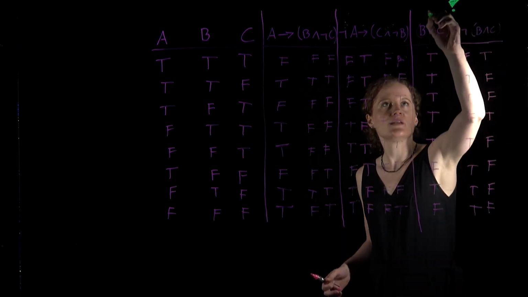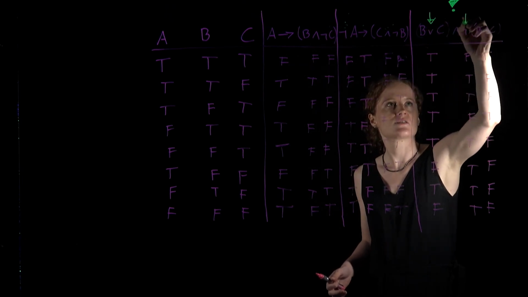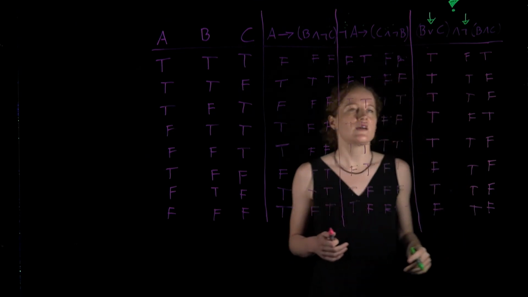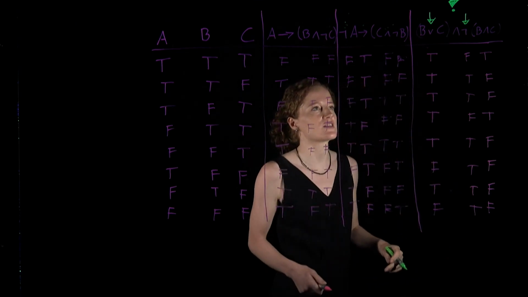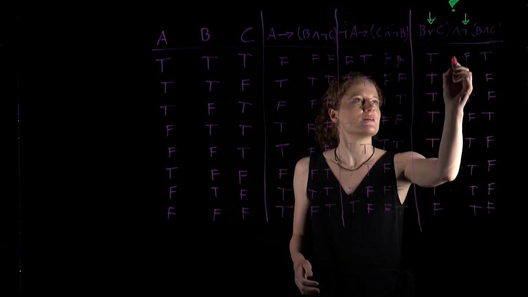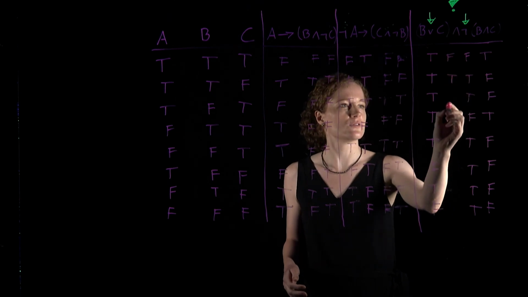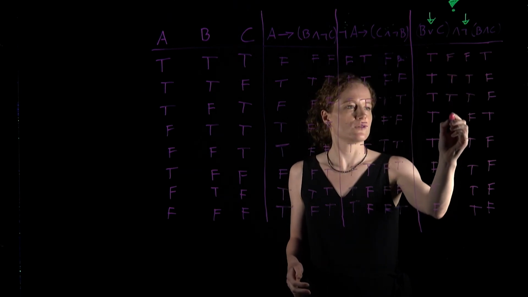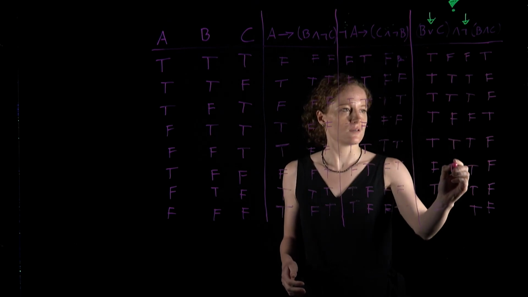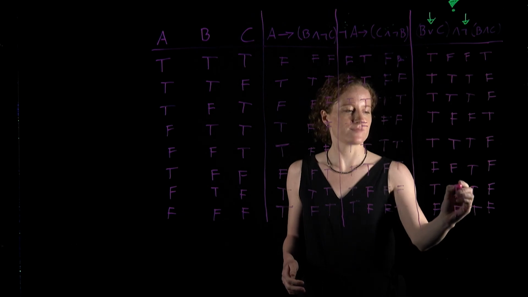To do that, we need to look at the truth value of the disjunction and the truth value of this negated sentence. And the conjunction is true if and only if both the disjunction and the negated sentence are true. So that means it is false, true, true, false, true, false, true, and false.